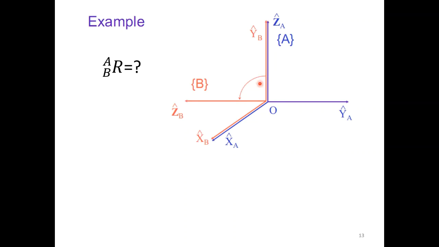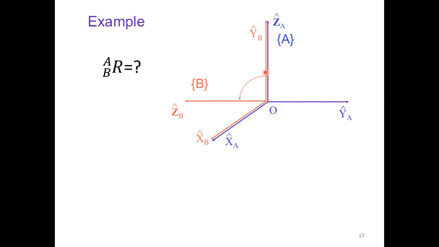Now you move on to the second vector, y hat B. Y hat B is along this line, 1 unit long.